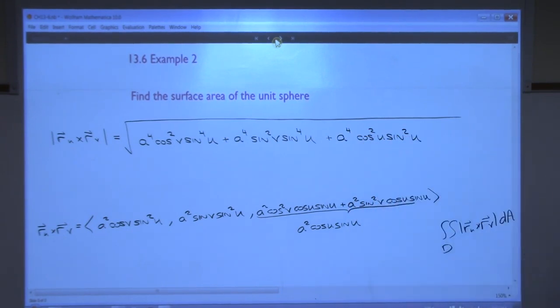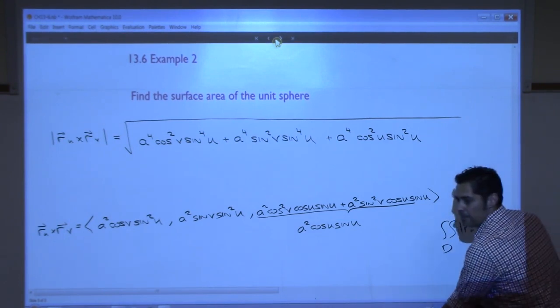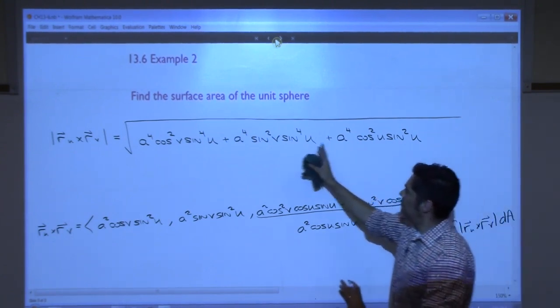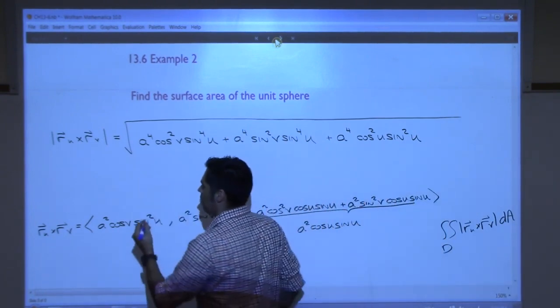Anyone see it? Where's the Pythagorean? Yeah, why don't we do this? Why don't we pull an a to the fourth out of everything and take it out of the root? An a to the fourth on the inside comes out as an a squared on the outside.